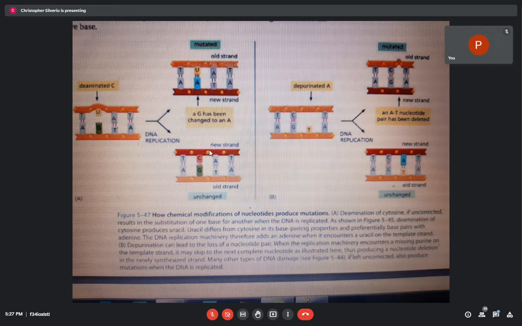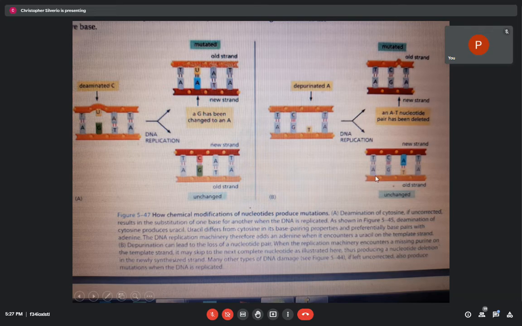And then what will happen during depurination? That is when adenine is removed. Okay? Depurination, adenine is removed. So again, during the process of replication, there will be a split. This is the old strand, and this is the old strand.